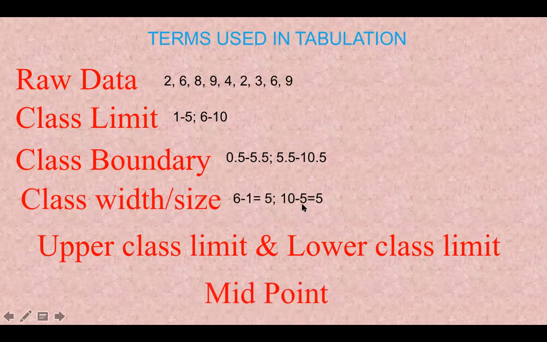Class midpoint. Class midpoint is the middle value of the class interval. It is given by the formula (upper limit plus lower limit) divided by 2. It's the mean of the upper limit and the lower limit. In this example, the midpoint of the first class is 3 and the midpoint of the second class is 8.